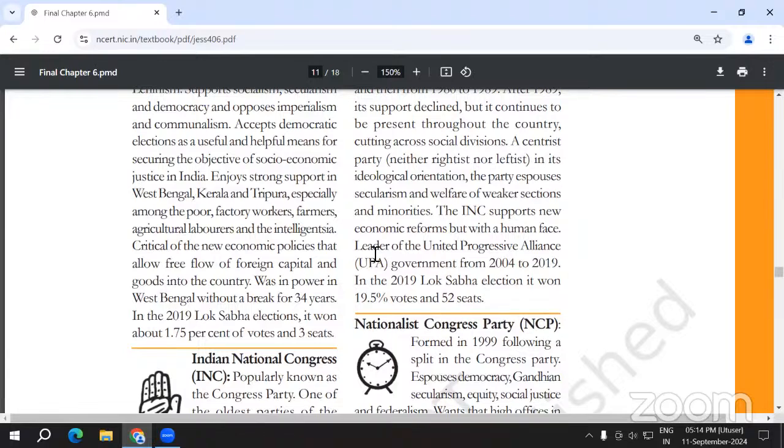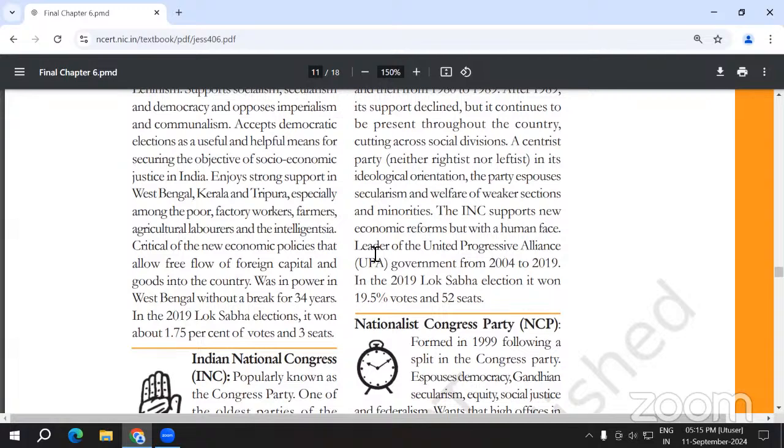Okay. Now, which all parties we have studied? You tell me. Indian National Congress we did not study up till now. BJP, Bahujan Samaj. Which was the first party we studied? Yes, you tell. Trinamool Congress. Who founded it? When it was founded? 1998. Okay.